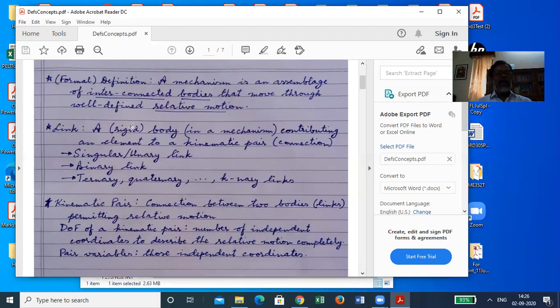Now, I have written rigid within parentheses, basically to indicate that you can have a mechanism with flexible links, but most of the time, under the rubric of this subject, when we study mechanisms, we study them as composed of bodies which are rigid. And rigid also in what sense? That whatever little deformation goes on, that is insignificant for our practical purposes. Okay? So, in that sense, you have this.